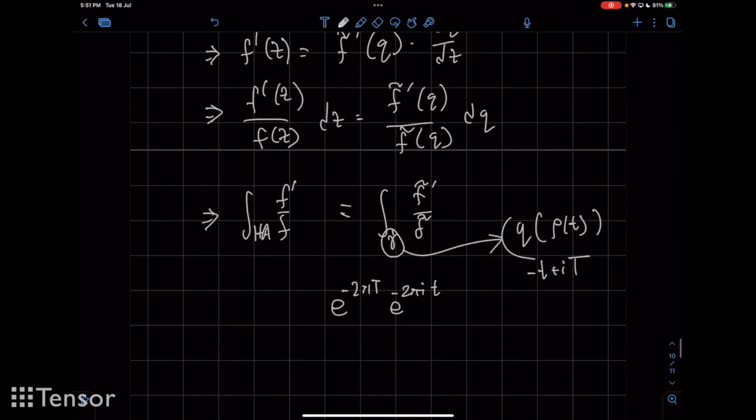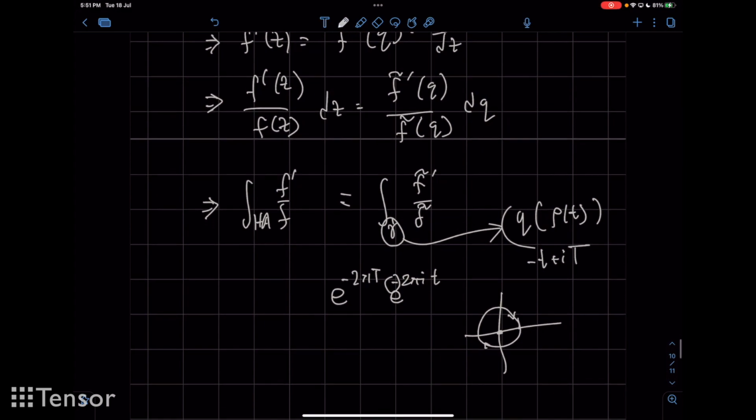This is a circle centered at the origin with radius e to the negative 2 pi t. And is it oriented clockwise or counterclockwise? Counterclockwise. Well, we have a minus sign here. What does that mean? That means we are going clockwise, right?